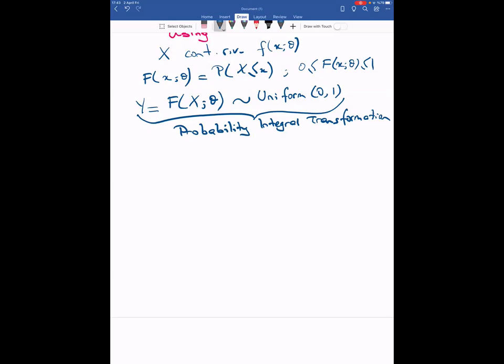So when we want to generate data from a specific distribution, let's say exponential, we can find the CDF of the exponential distribution. When we consider that CDF as a random variable, which is 1 minus e to the minus x over theta, where x is a capital letter right now, so we have a random variable.